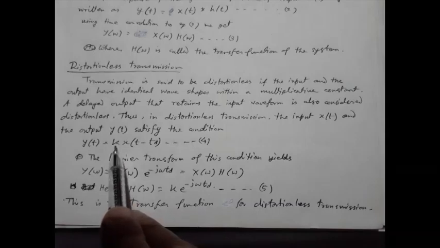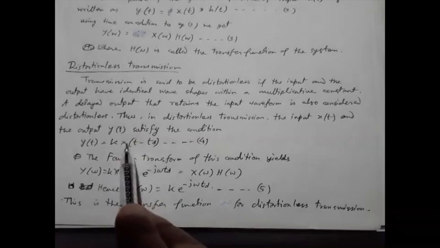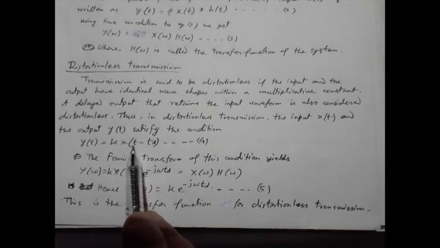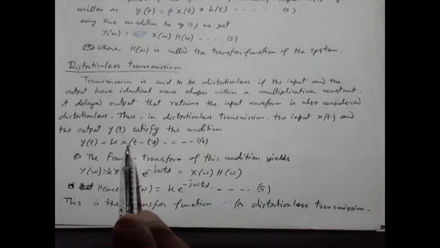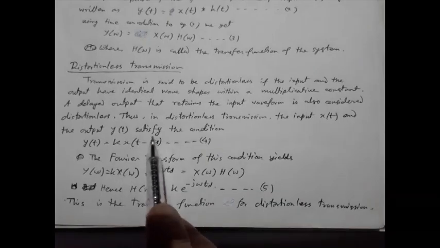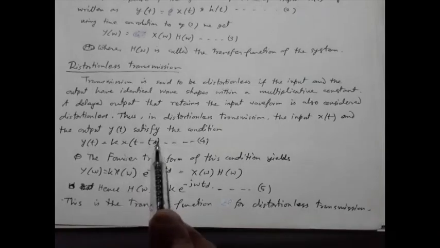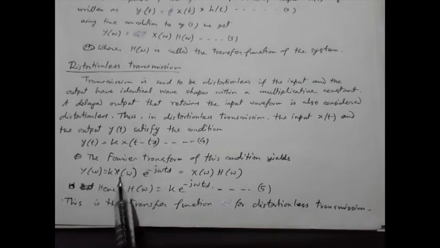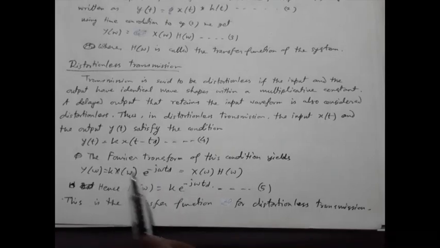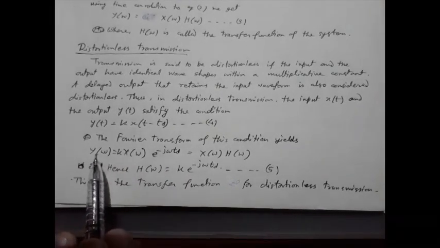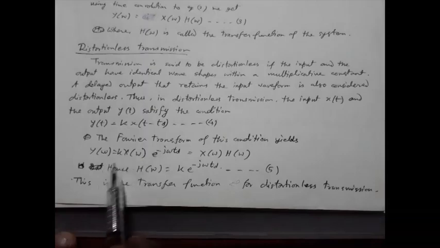So if k is half and we amplify this signal, then we will get our original amplitude. So it is very easy to get our original exact x(t) just by using an amplifier. Similarly, if there is some delay, that will not be considered distortion, because delay will not change the shape of the wave.